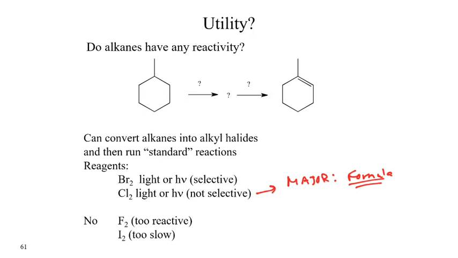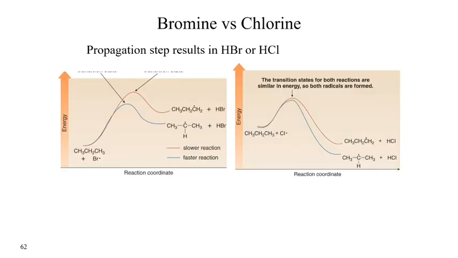Iodine is so incredibly slow and so incredibly selective that it only forms our desired radical and thereby our desired halogenation reaction. However, it is so slow that the lifetime of the reaction would be well longer than my lectures and the amount of time that I've spent already talking about this slide. So we're going to go ahead and move on and look at some energy diagrams.